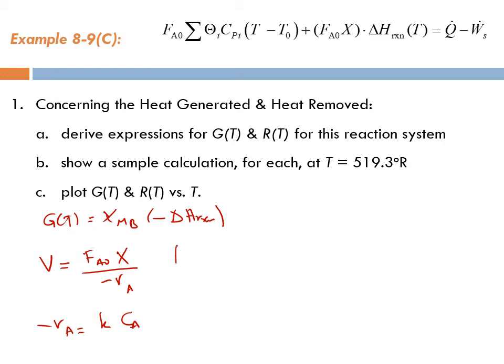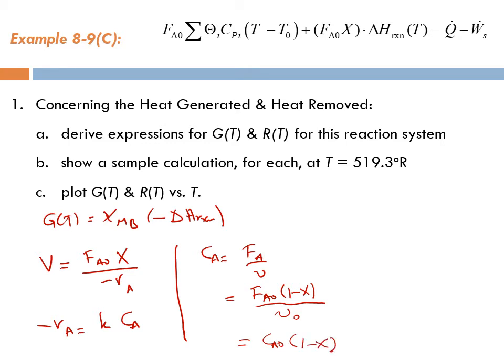Next comes the stoichiometry. We had CA equals FA divided by epsilon, and of course FA equals FA naught 1 minus X, and epsilon equals epsilon naught. Why is that? It's a liquid phase reaction, and therefore you have CA naught times 1 minus X. Okay, and then what's next?